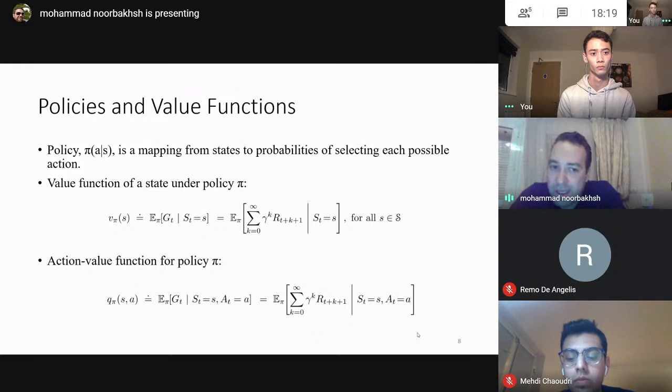Actually, we can say that it's how good it is to be in a state S, or we have something like the action value function under policy pi. It means how good it is to perform a given action in a given state. And the how good here is defined in terms of future rewards or expected return.